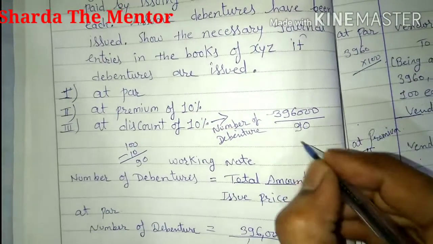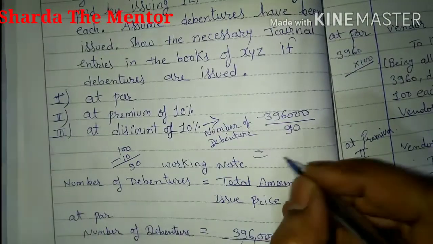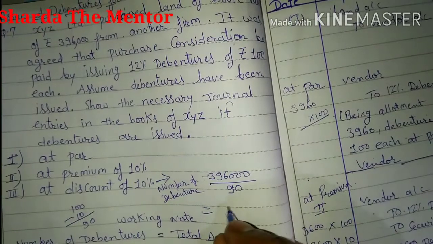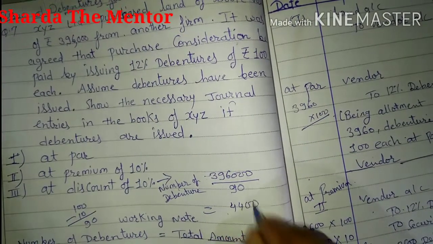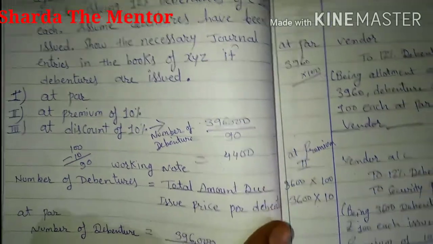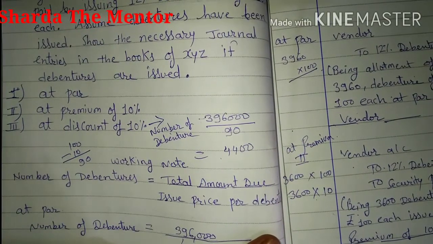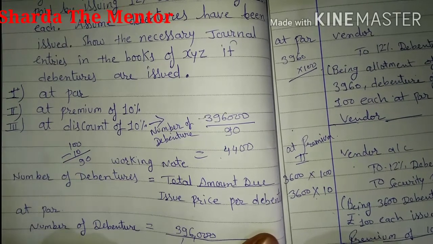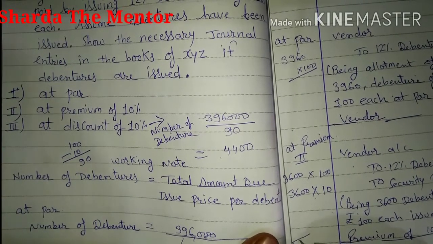So 90 rupees we have to divide. So the number of debentures that we can find out is 4,400.